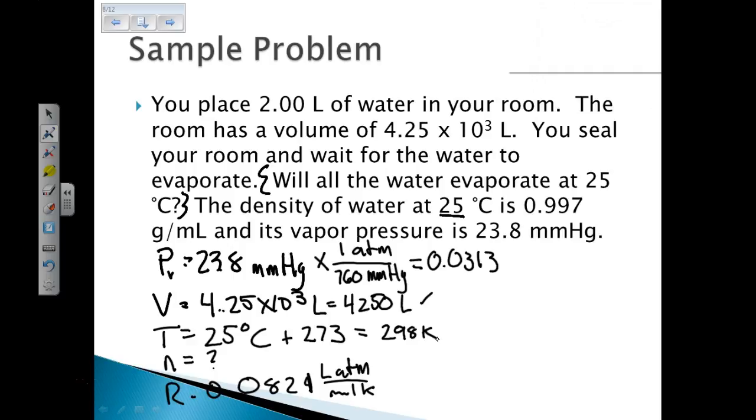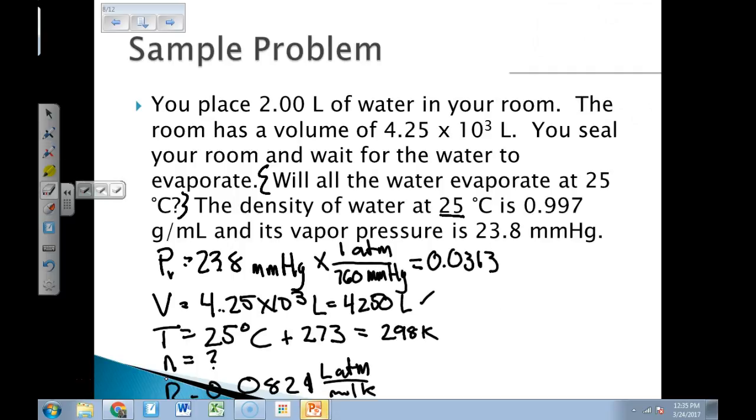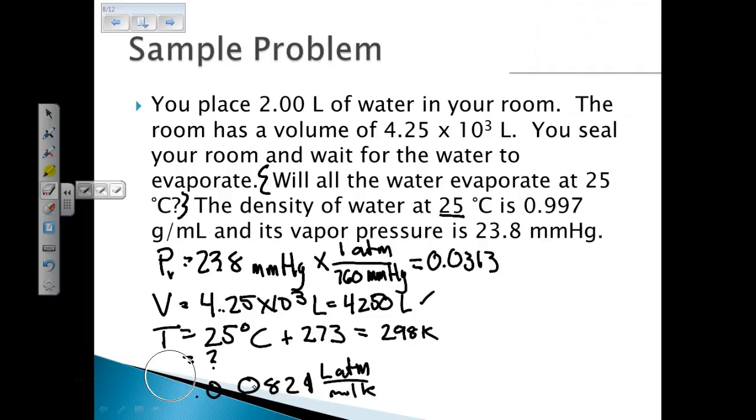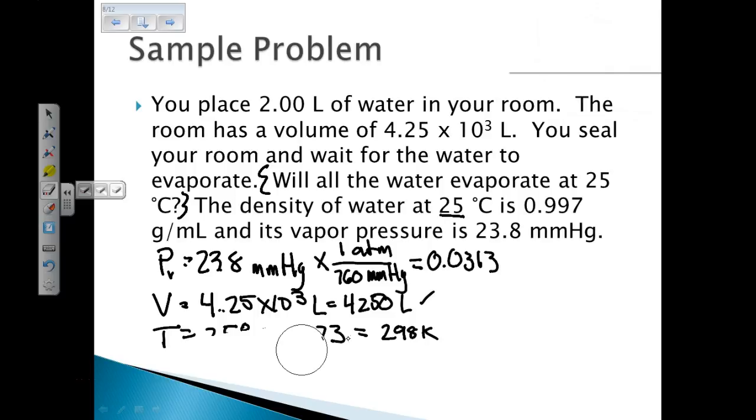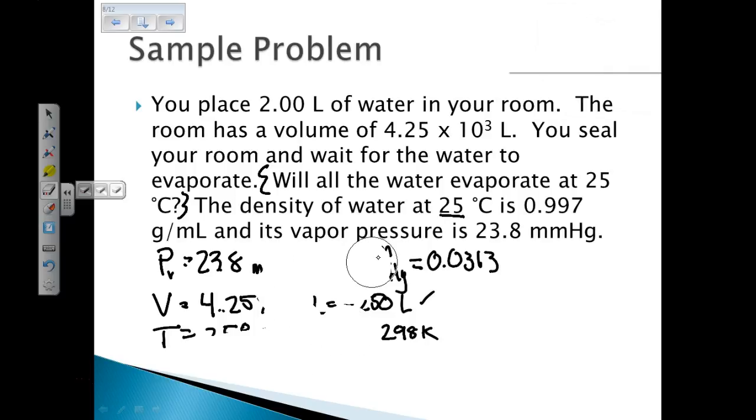Now at this point, it is just a plug and chug. Okay, so plug and chug. So PV equals nRT. So I'm going to take some of these things and erase them. Okay, because I already know, so I'm going to go here.